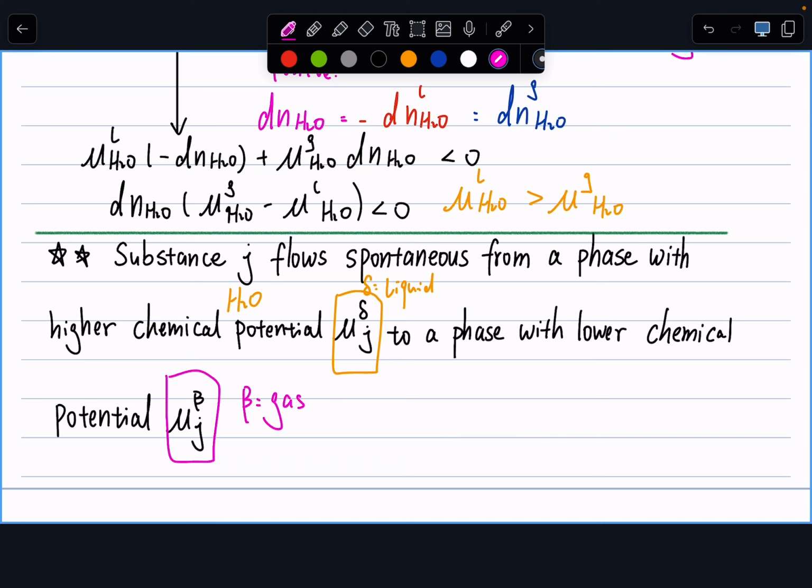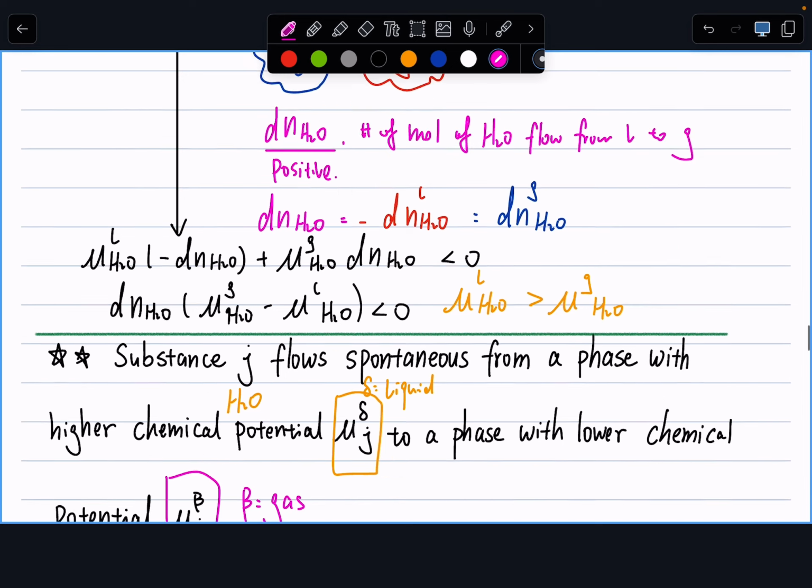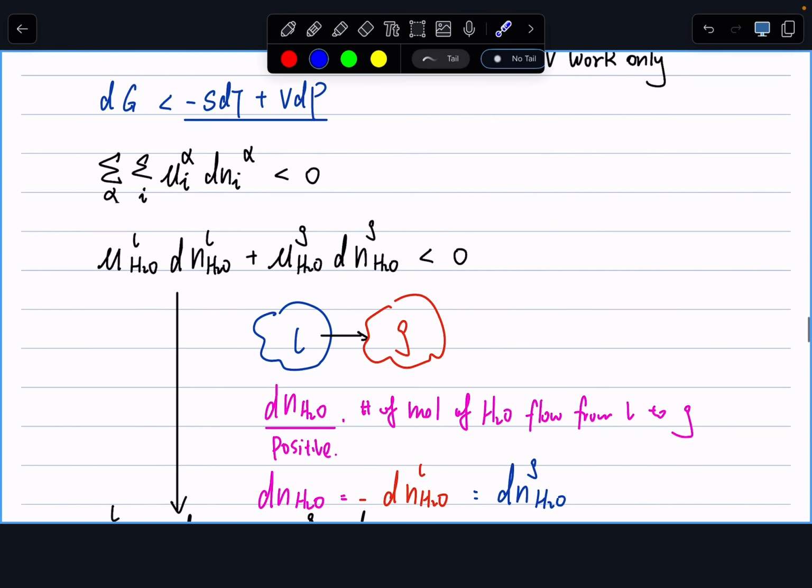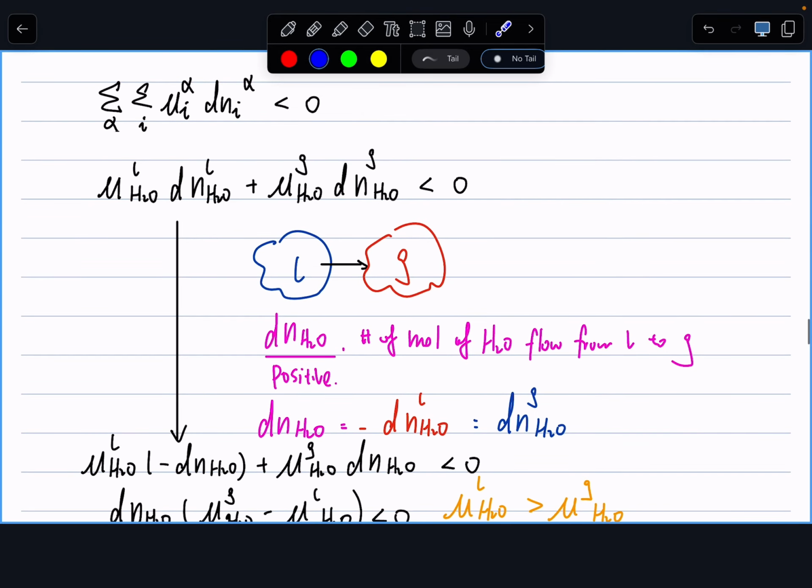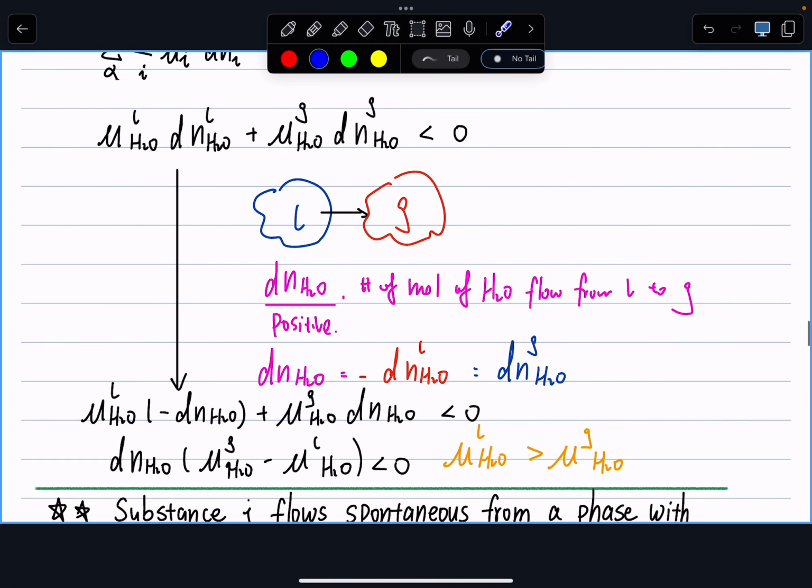All right, let's read it again. What did we derive? We used this expression and the fact that dG is smaller than 0 prior to equilibrium. We find that this double summation must be smaller than 0. By expressing the number of H2O in the liquid and gas phases, we find our relationship here.